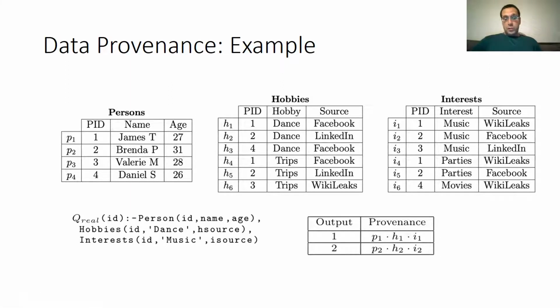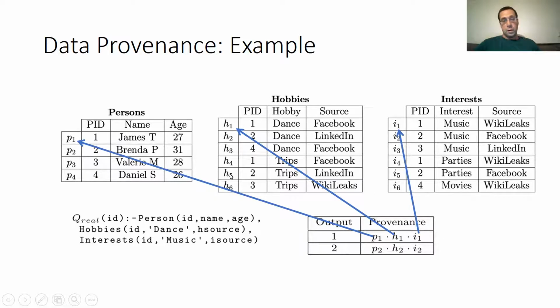The provenance essentially links input tuples to the output tuples. So in this case, it says the provenance of the output tuple 1 is p1.h1.i1. P1, H1, and I1 are identifiers of tuples in the input, and the dot means intuitively that they have been jointly used to generate this particular piece of output.